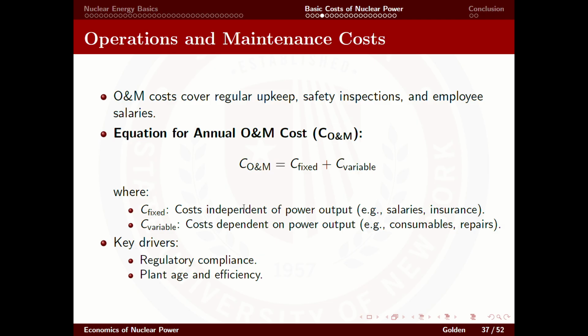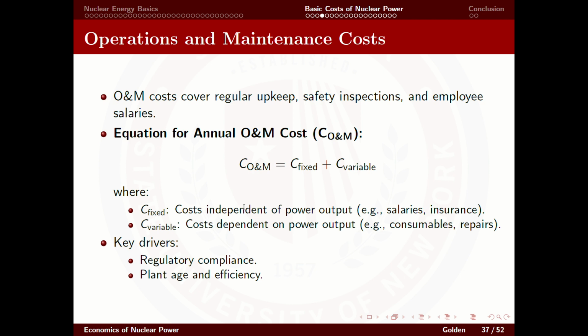You usually have a diesel generator at the renewable power plant to power the plant when it's offline and whatnot. So this is pretty variable. And this is consumables and repairs, which depend on power output.